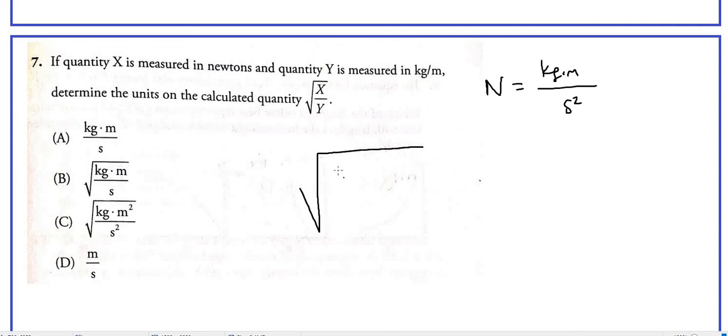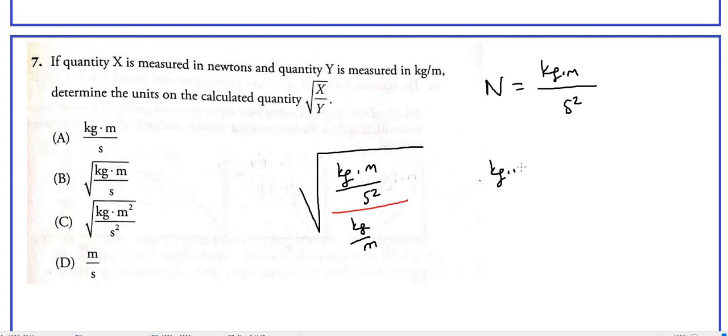So square root of kilogram times meter over second squared instead of X, and instead of Y we're going to write kilogram over meter. Now, one fraction over another fraction, we're going to do keep, change, flip.